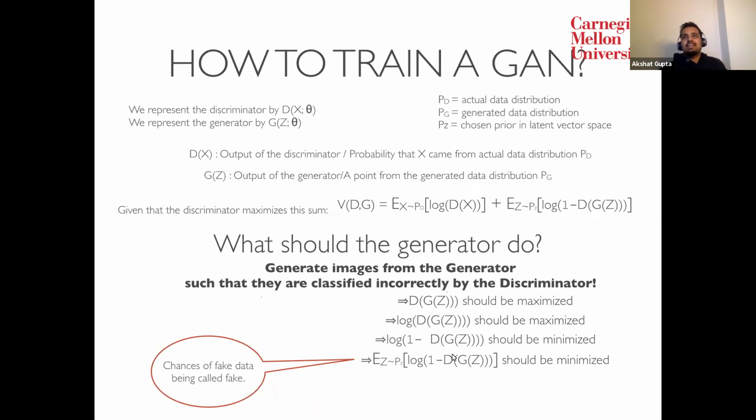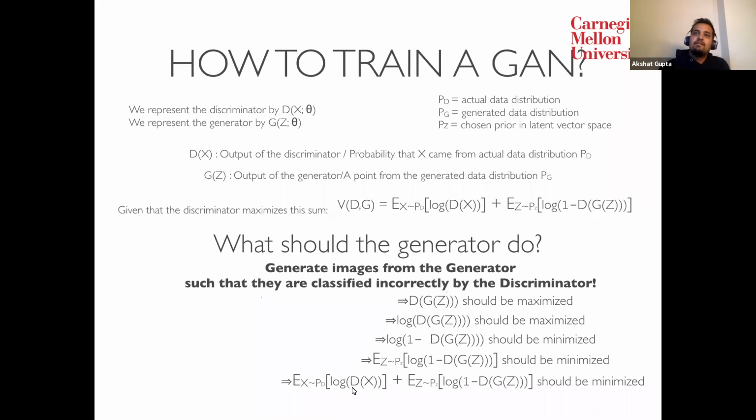This is exactly the same term as this one, the chances of fake data being called fake. The generator wants to minimize that, which means it wants to maximize the chances of fake data being called real. It's the same as minimizing this term, because the generator has no control over the other one.